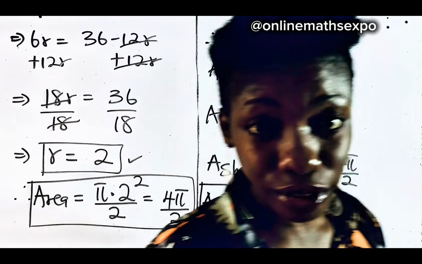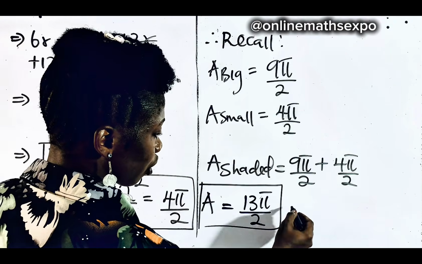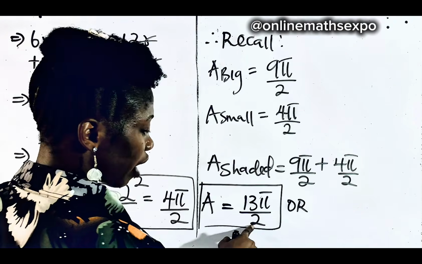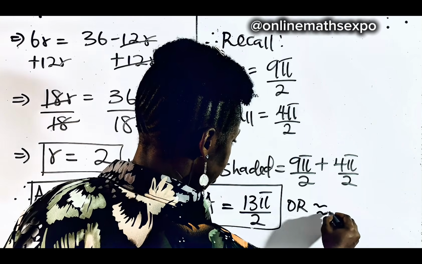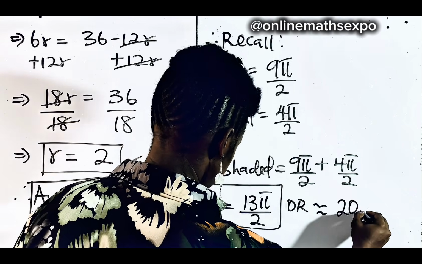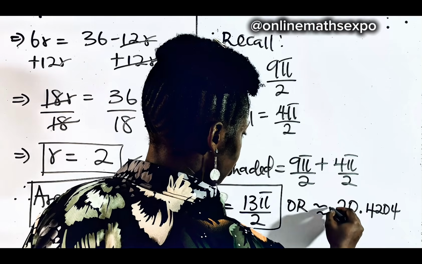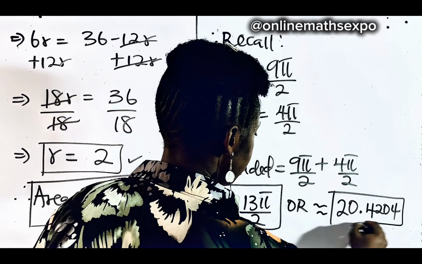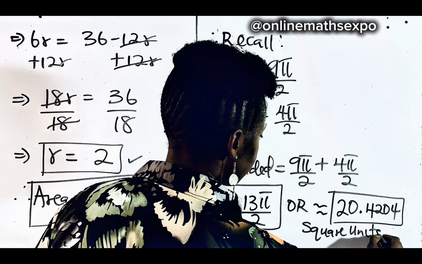You can also leave it in decimals. To do that, just key this in the calculator. And if you do that, divide your result by 2, it gives us approximately 20.4204. So this is also the area, and this is measured in squared units.